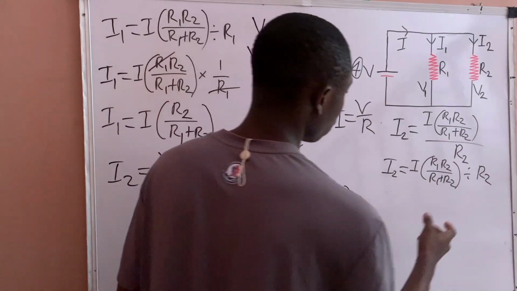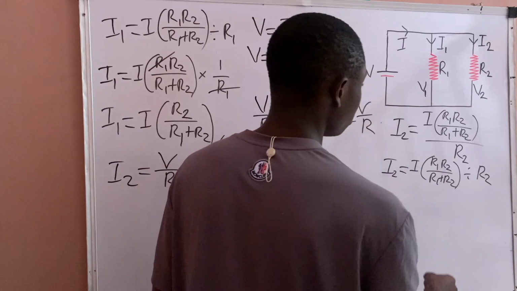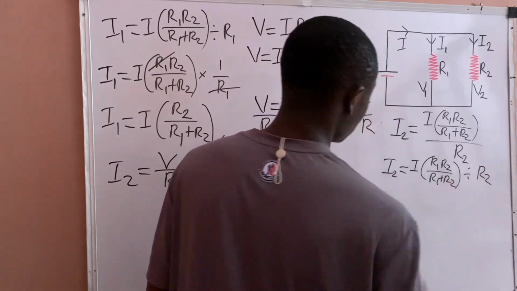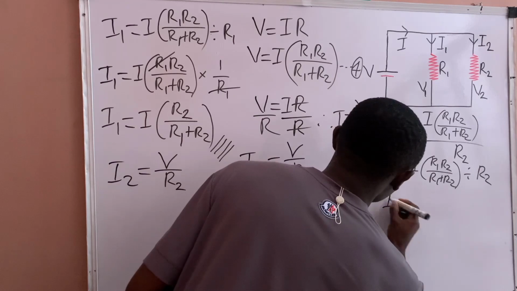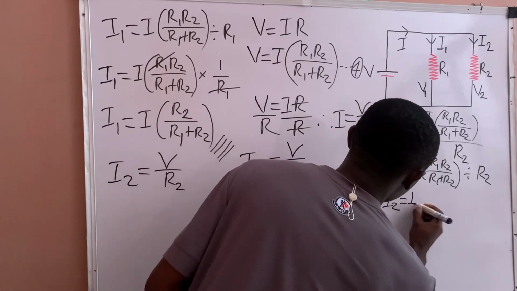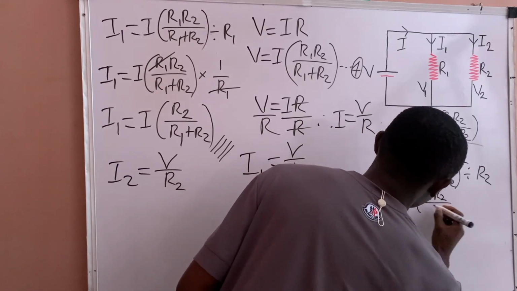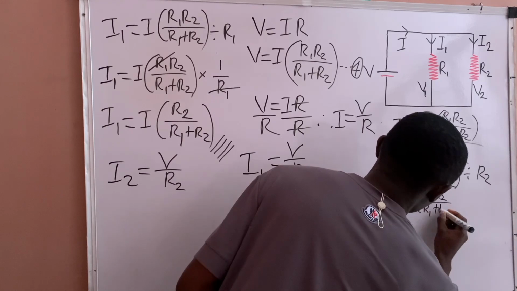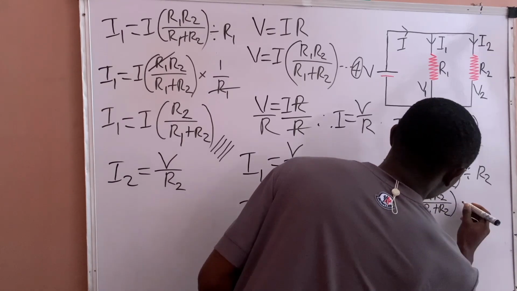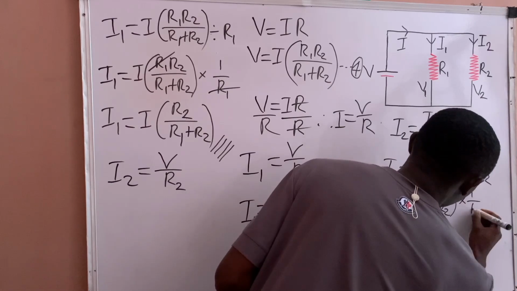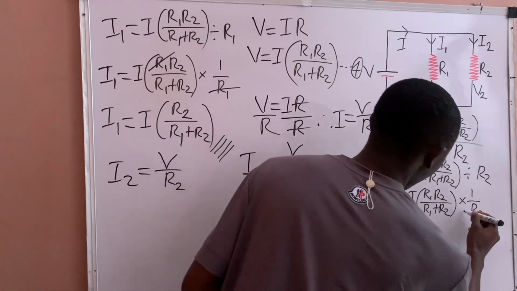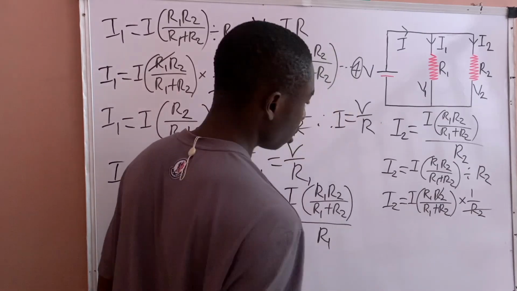So for us to change this division into multiplication, we take the reciprocal. So I2 will now equal I into bracket R1 R2 all over R1 plus R2 multiplied by 1 all over R2. So therefore, you can take away R2 here.